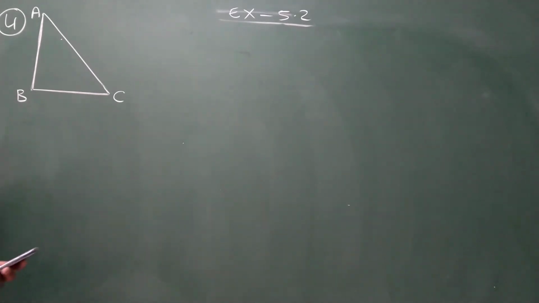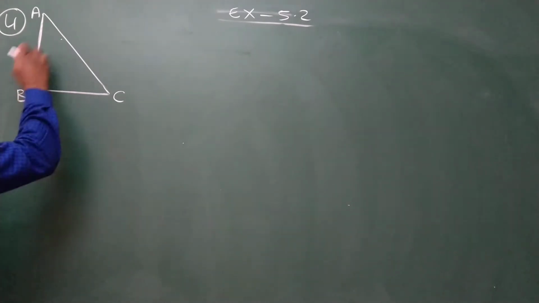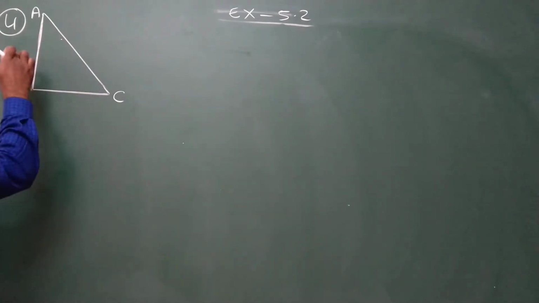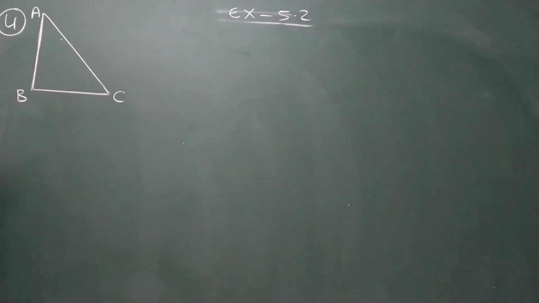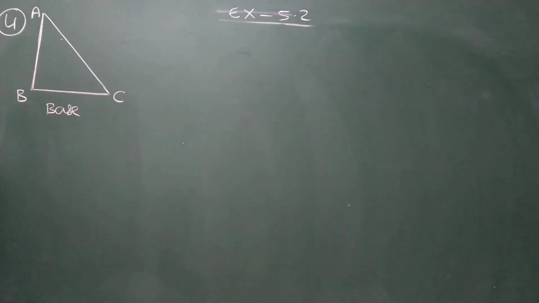The altitude of a right triangle is 7 centimeters less than the base. This is the base. These are the three sides. This is one side, this is one side, this is called hypotenuse. So, in this question it is named like this.